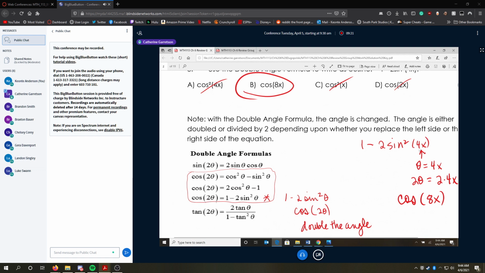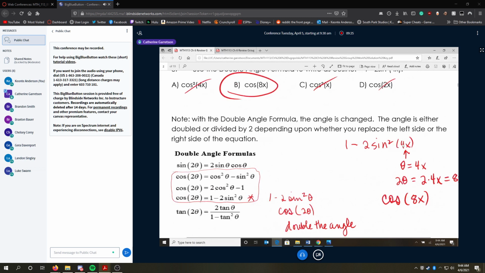To double it, I say times 2. So 2 times 4x ends up being the cosine of 8x. So I'm going to choose the multiple choice answer of the cosine of 8x.